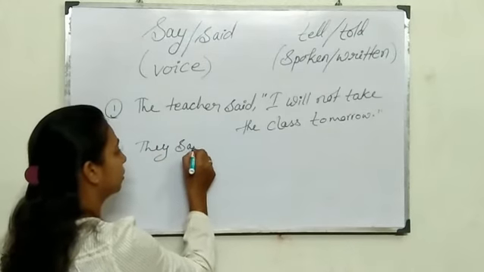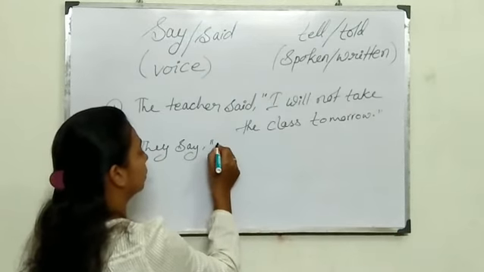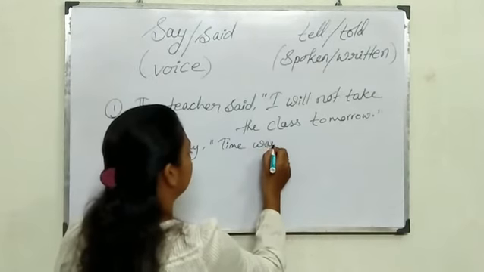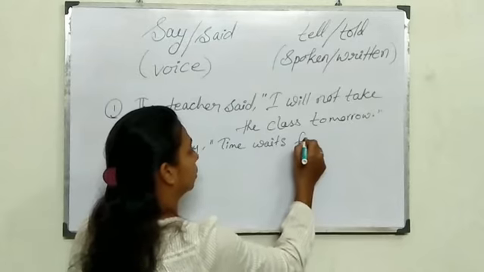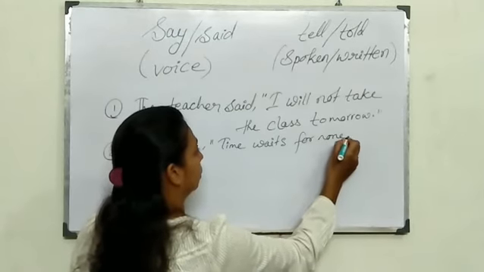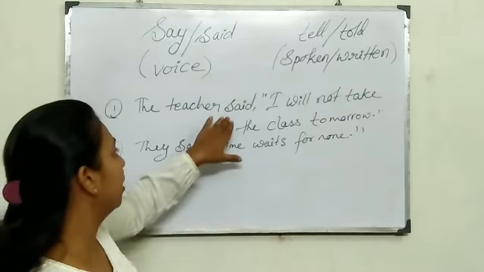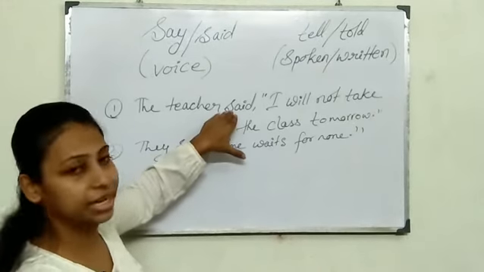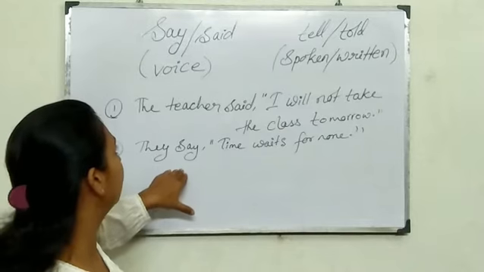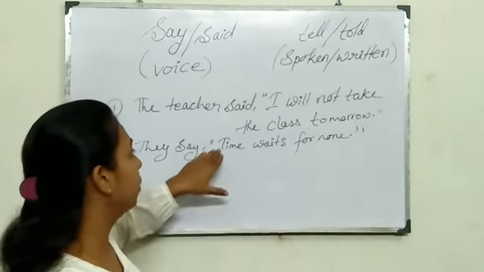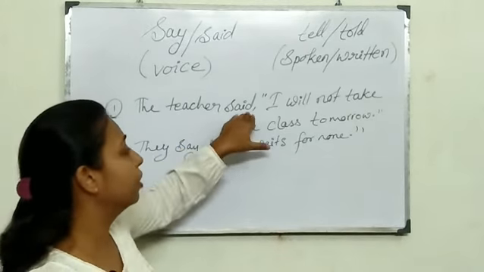They say time waits for none. Here in both the examples I have used say or said, that is the past form and present form of the verb say, and with this past form or present form I have not mentioned any object.